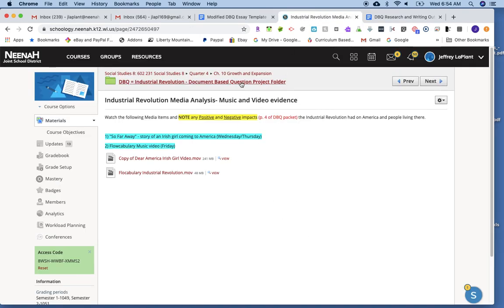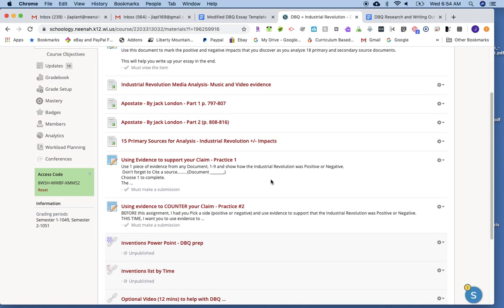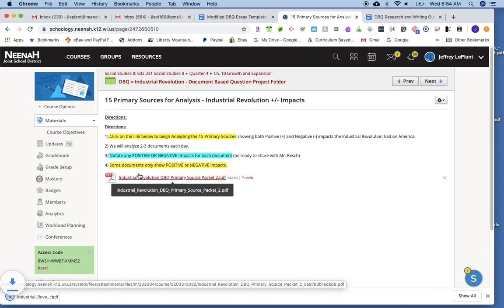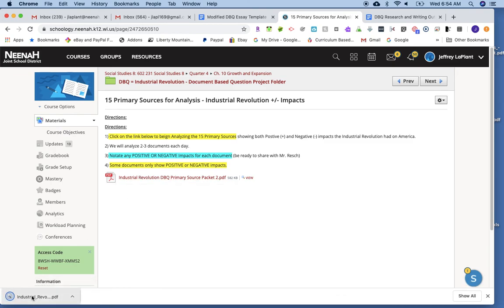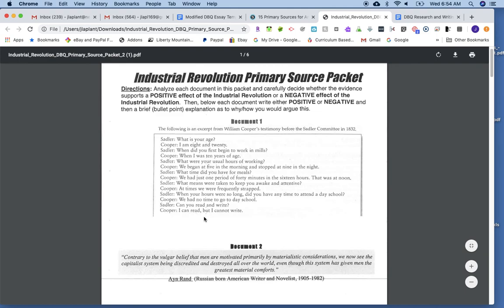In order to find that, I'm going to go back to the DBQ folder. Here's the apostate, part 1, part 2. The 15 primary sources. So this is the document, Doc 1, Doc 2, Doc 3. So if we click here, it's going to bring this one up. So here's your document, real short. What's a positive?